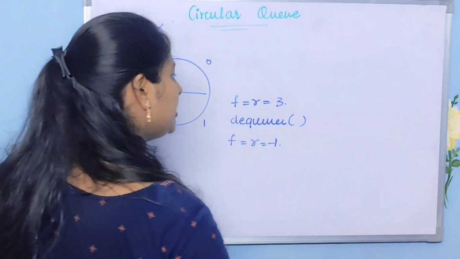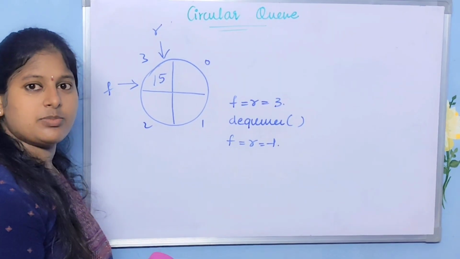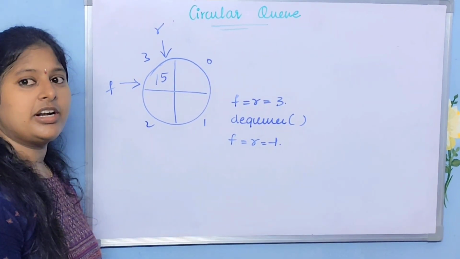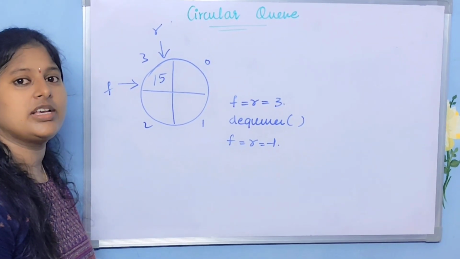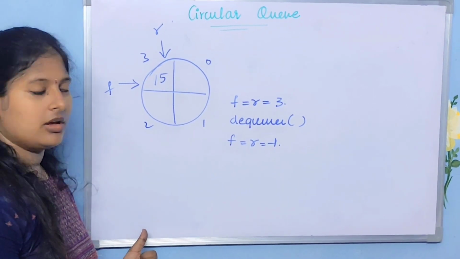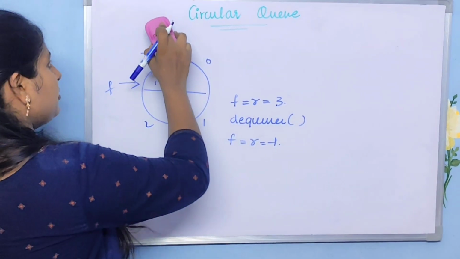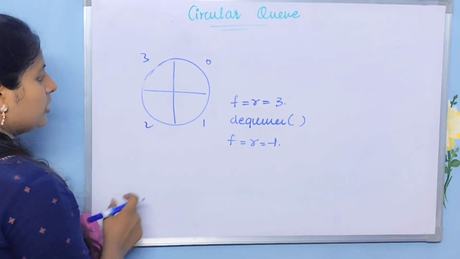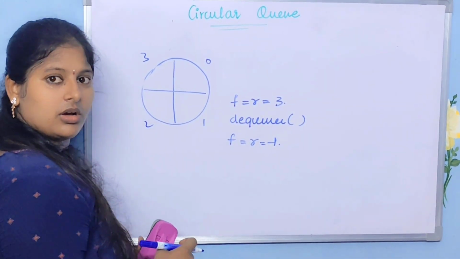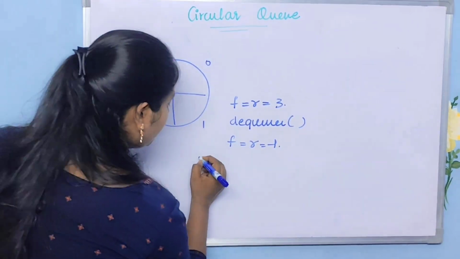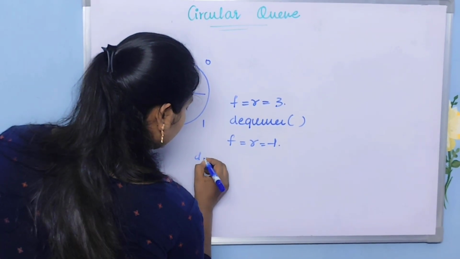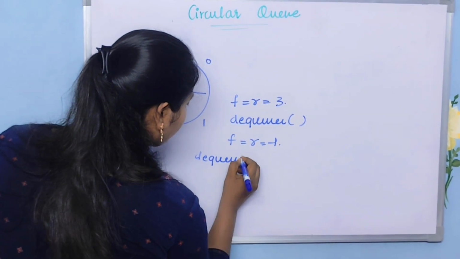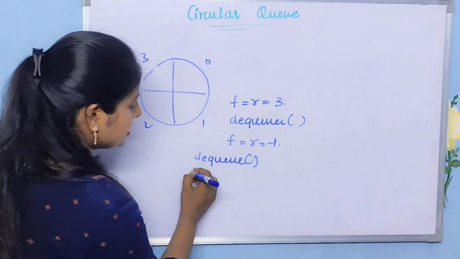After deleting that single element which is present in the circular queue, the front and rear values are initialized to -1. Now you have deleted this element also, so front and rear are -1. Now you try to perform a DQ operation again. So what happens?